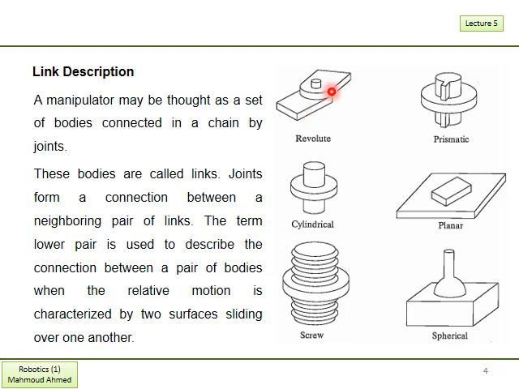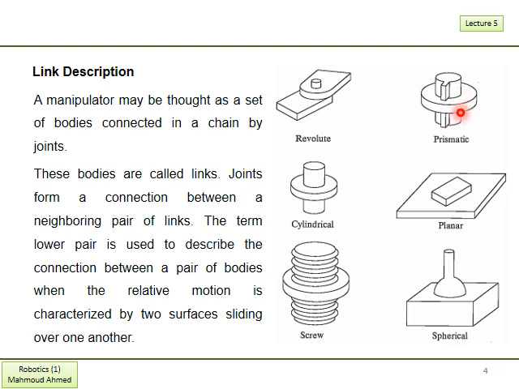This can be seen here in this type of joint. We have the two links, and we have here a common surface area between the two links. Such a joint can be called a revolute joint. The second one is a prismatic. We can see here two cylinders, and there is a common area between the two surfaces of the cylinders.